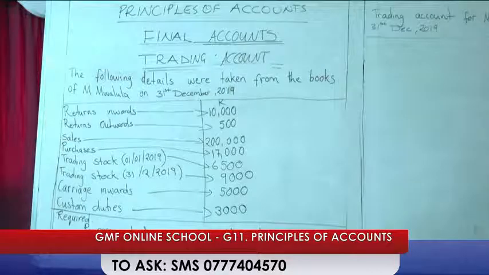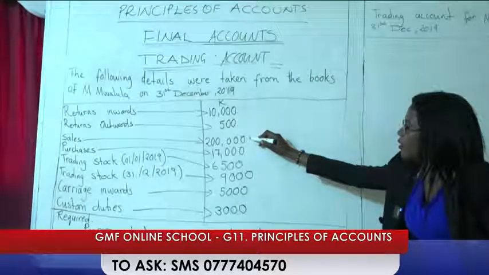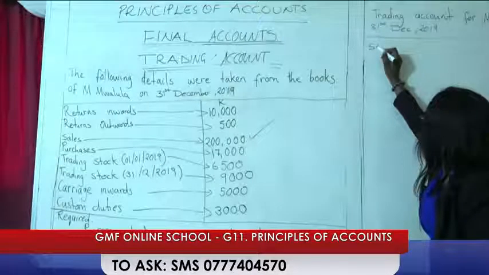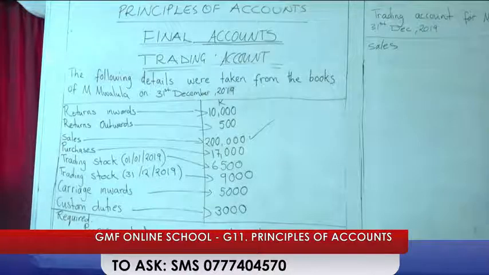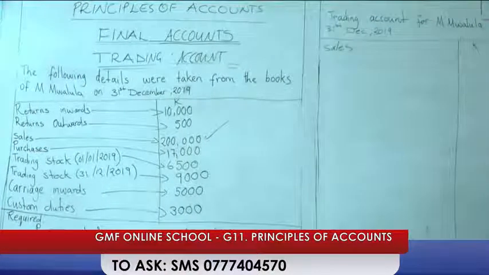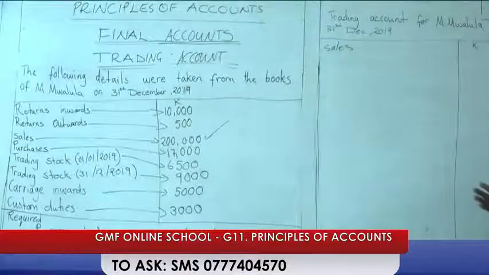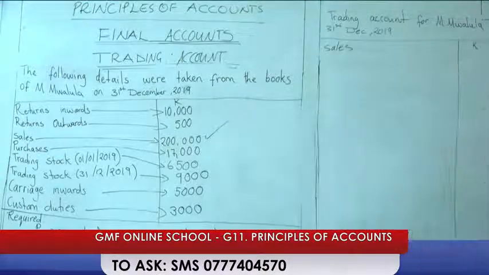So firstly, we have the sales. The sales there is the 200,000. So we write the details, sales, 200,000. Before we can write the 200,000, we need to identify whether the sales has adjustments. In this case, we have the adjustments, which are the returns inwards of 10,000.